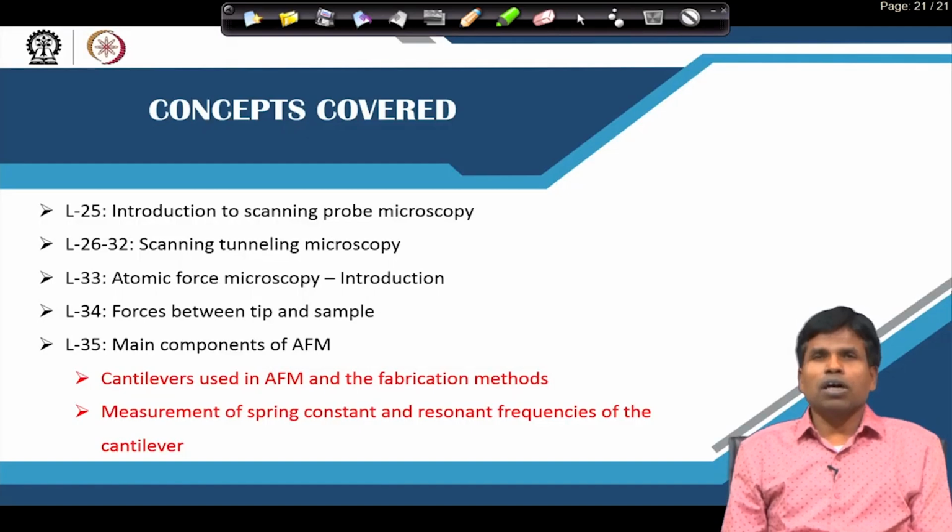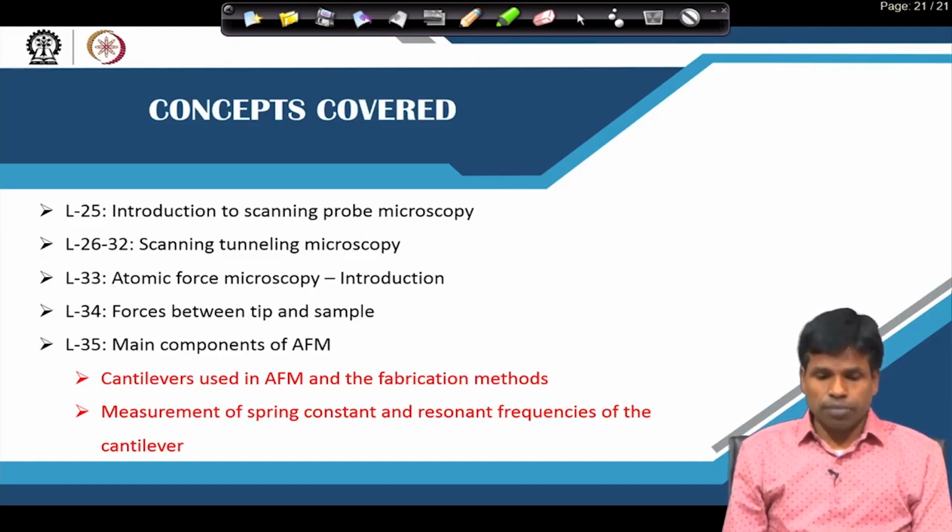So, today we will be discussing the main components of the AFM, particularly the cantilevers used in the atomic force microscope and their fabrication method. We have seen in our last class how the spring constant plays an important role. To avoid snap to contact we should have a higher spring constant, and the resonant frequency is also important.